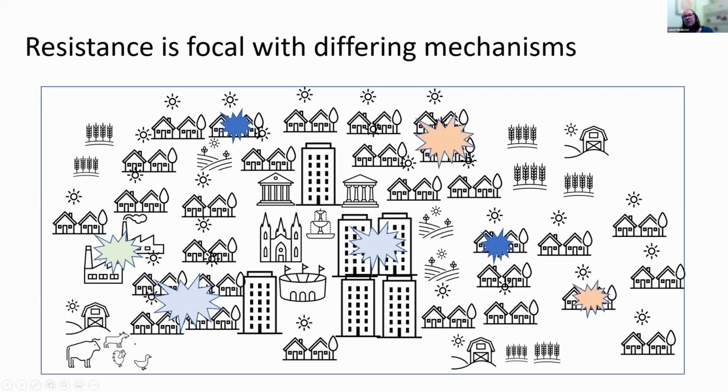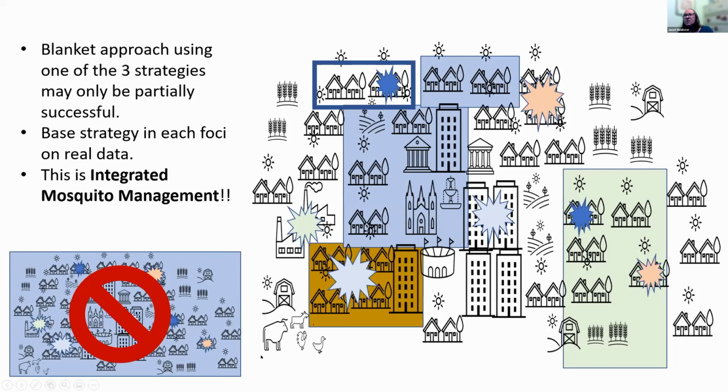What is happening in industrial areas could be affecting it. So there's a lot of influencers on that resistance to the pyrethroid that can lead to different modes of action. And so our blanket approach of using just one thing across the board everywhere is really not the best strategy.